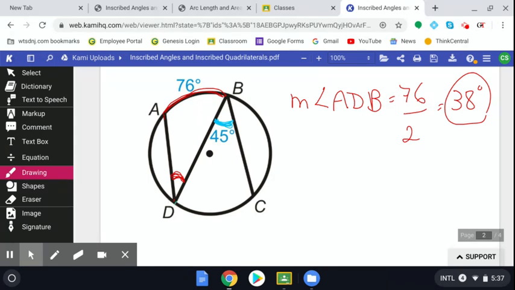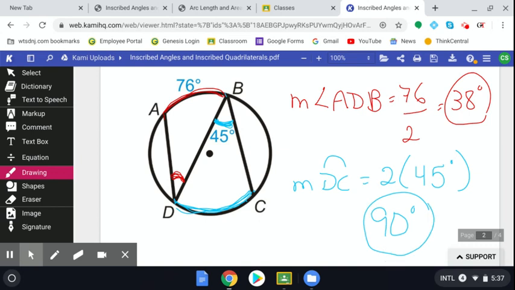So angle DBC is 45, which means, we have to go backwards now, arc DC is going to be 2 times the measure of the inscribed angle, which is 45 degrees, which means that the measure of arc DC should be 90 degrees.